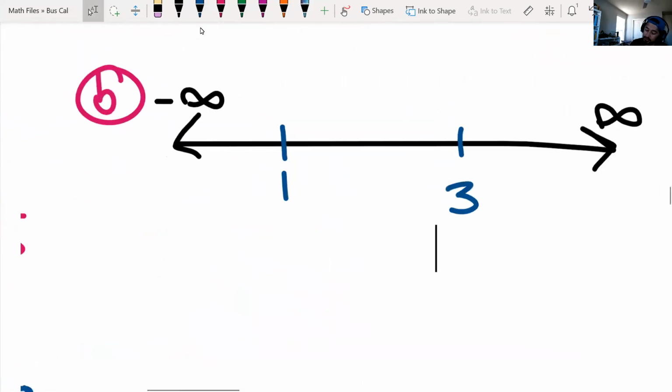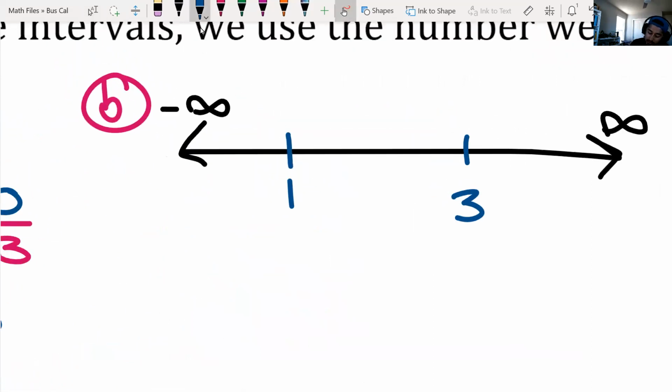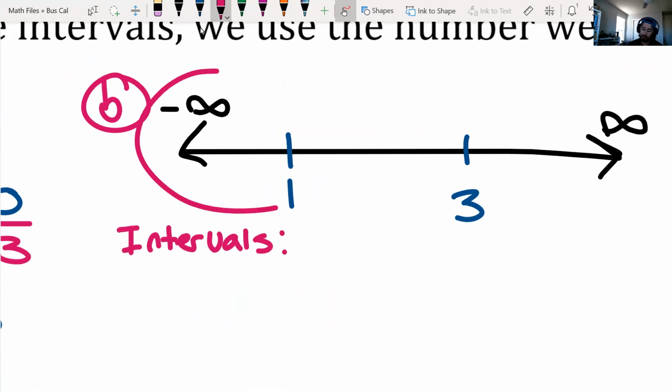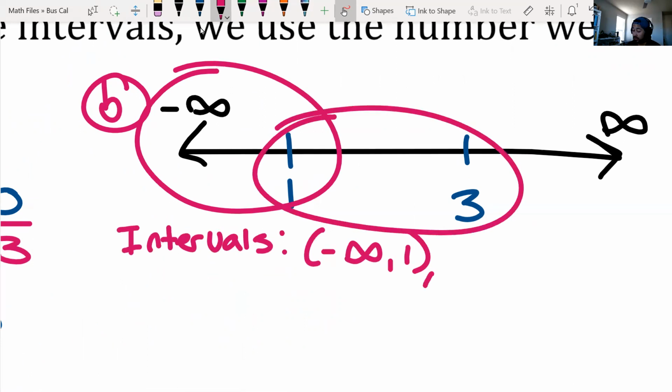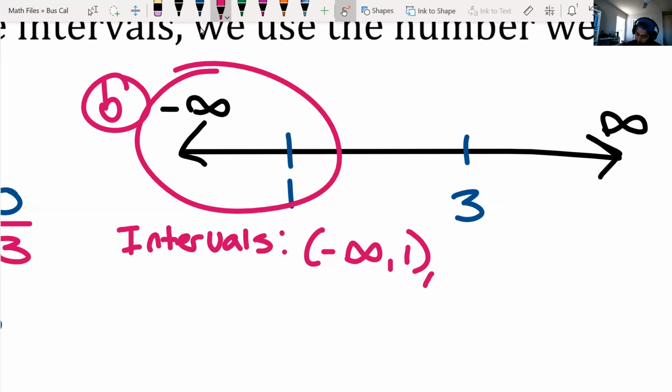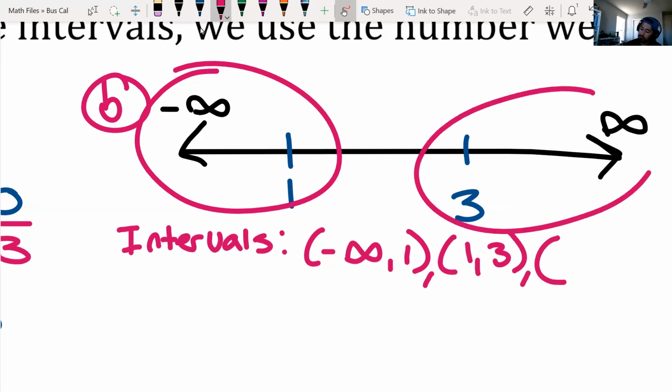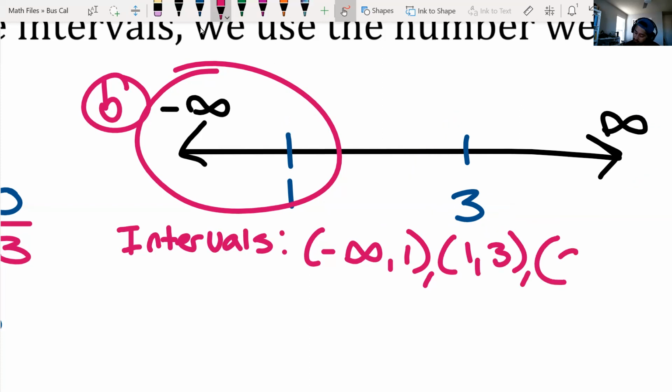And what we're going to do first is create intervals, the intervals that are broken up by the partition numbers. Okay, so my first interval is -infinity to 1. My second interval is 1 to 3. And my third interval is 3 to infinity.